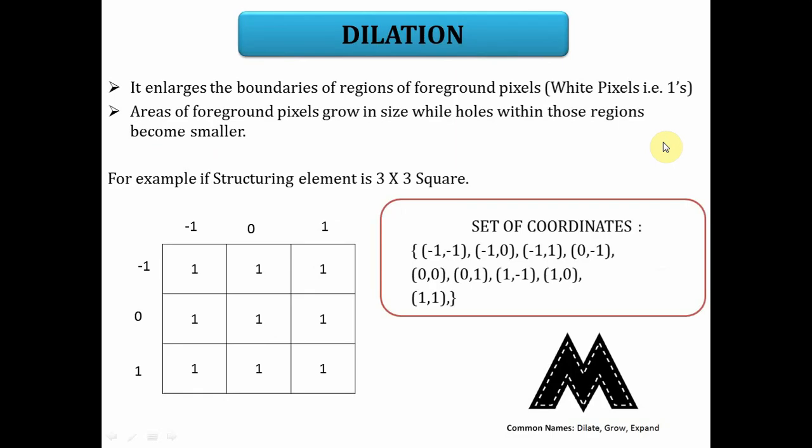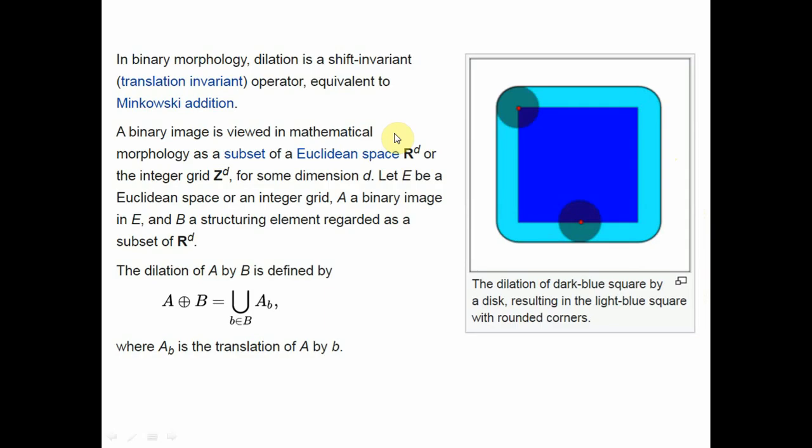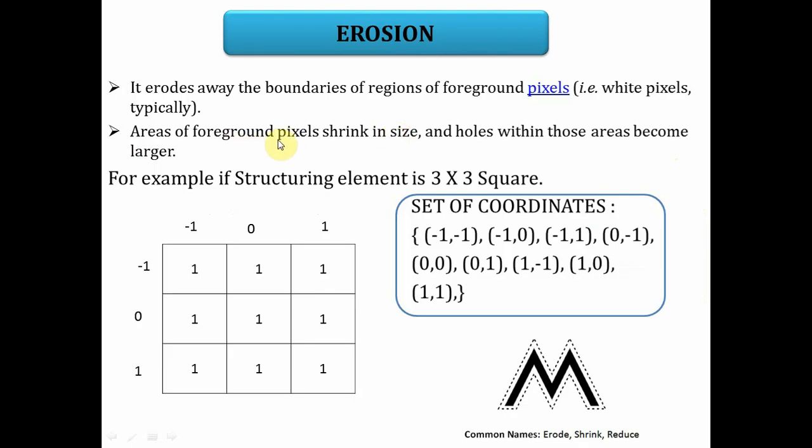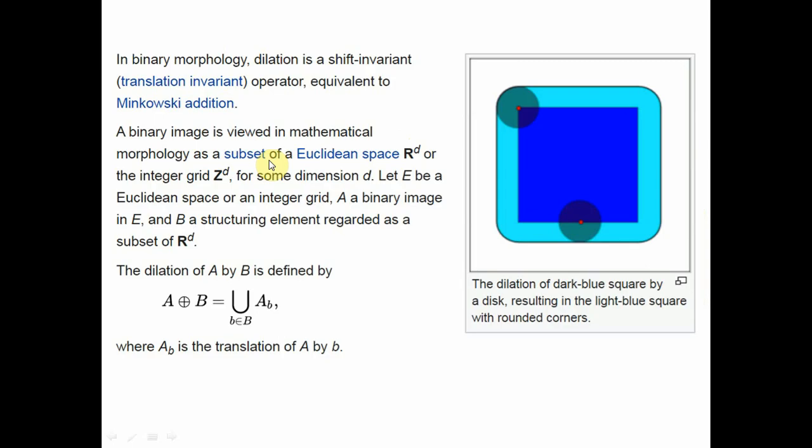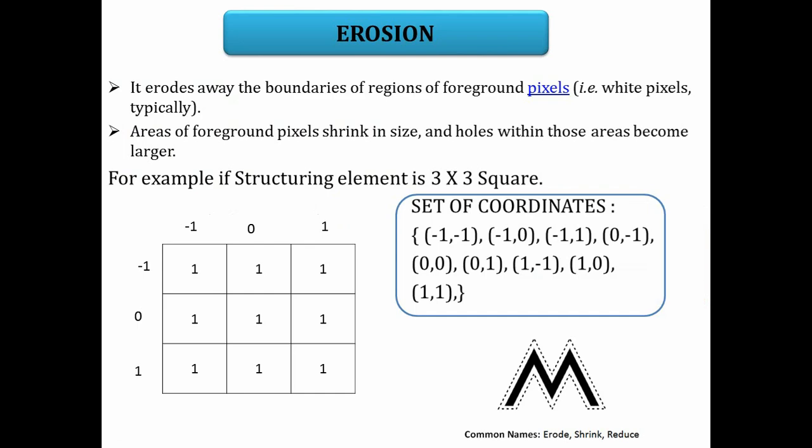In dilation, on the contrary, the areas of foreground pixels grow in size. Here they shrink in size, and holes within those regions become larger in erosion, and smaller in dilation. Holes are nothing but zeros, and foreground pixels are nothing but ones.